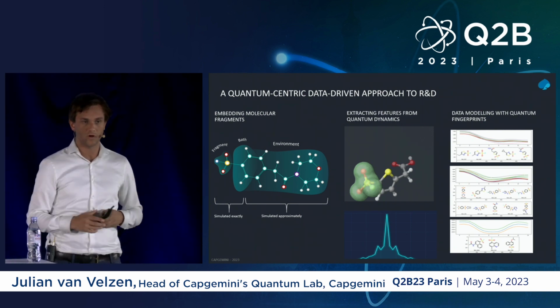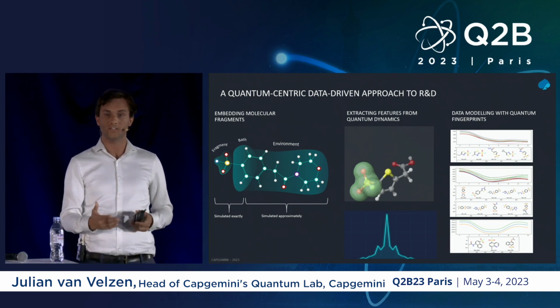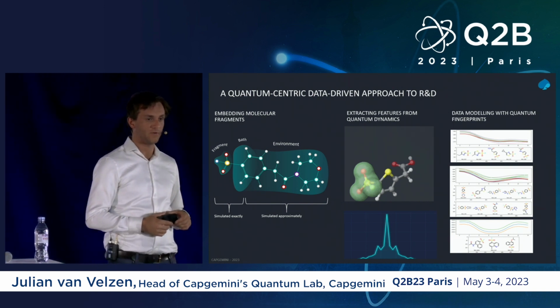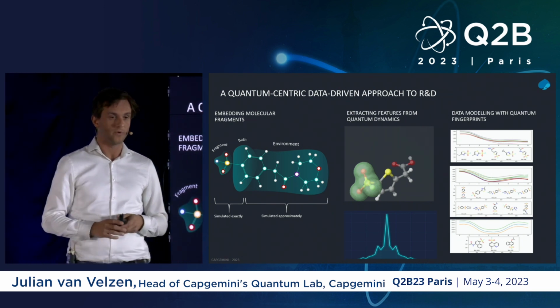There will be a talk tomorrow by my colleague, Sam, in the front here, that will apply this to a particular case, which is about predicting the reactivity of covalent drugs using these quantum computed features.